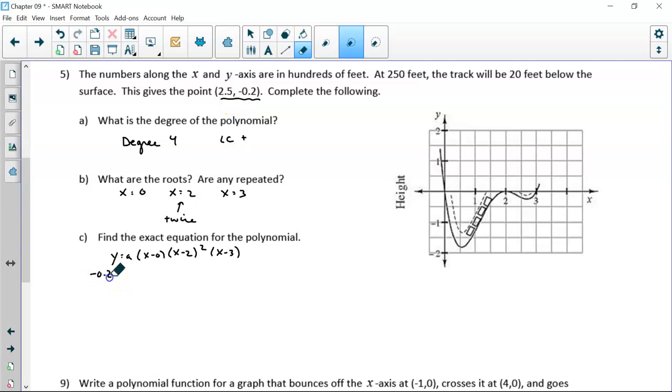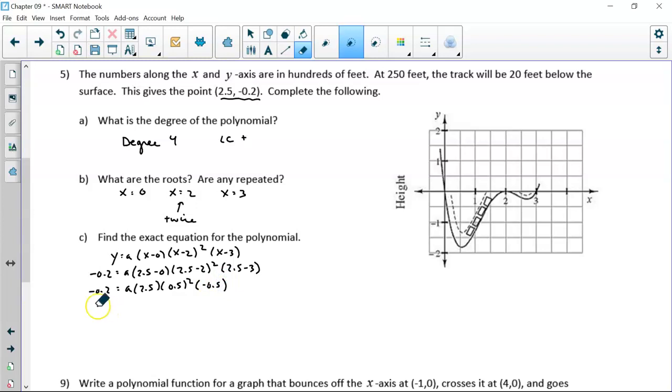So negative 0.2 equals a times 2.5 minus 0, 2.5 minus 2 squared, 2.5 minus 3. So negative 0.2 equals a times 2.5 times 0.5 squared times negative 0.5. So you want to use your calculator for this.